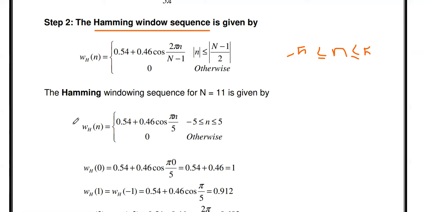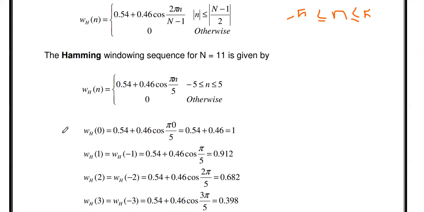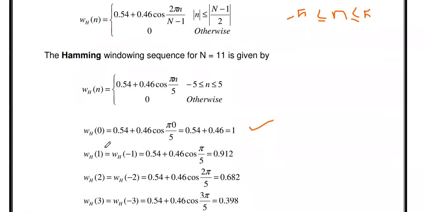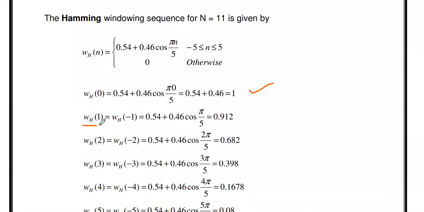Similarly, you substitute n equal to 0, 1, 2, 3, 4, 5. So wH(0): if you substitute n equal to 0 here, 0.54 plus 0.46 into cos 0, so the answer is 1. Similarly, if you substitute n equal to 1, wH(1) is equal to 0.54 plus 0.46 into cos pi by 5.